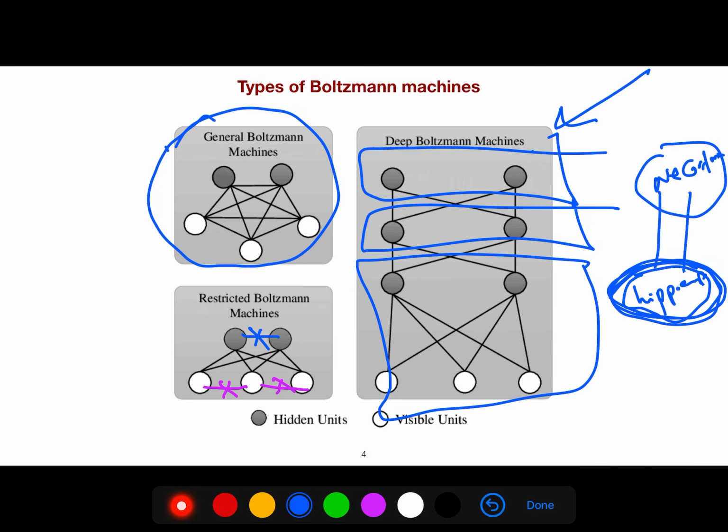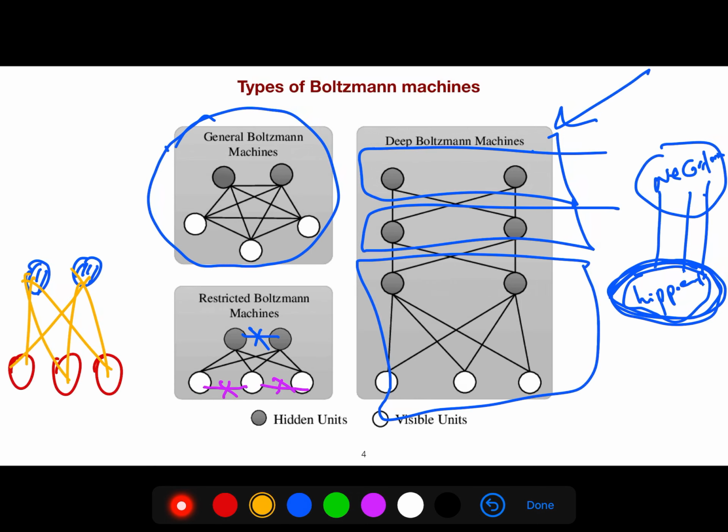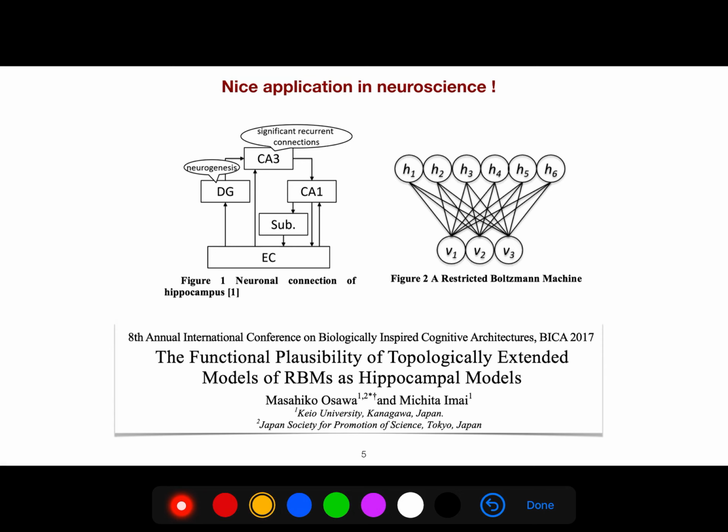The hippocampus is connected to the neocortex, just like a restricted Boltzmann machine where we have hidden units and observed units, connected to each other. This is the article that I was explaining. It uses these restricted Boltzmann machines, which I will explain, for hippocampal models.